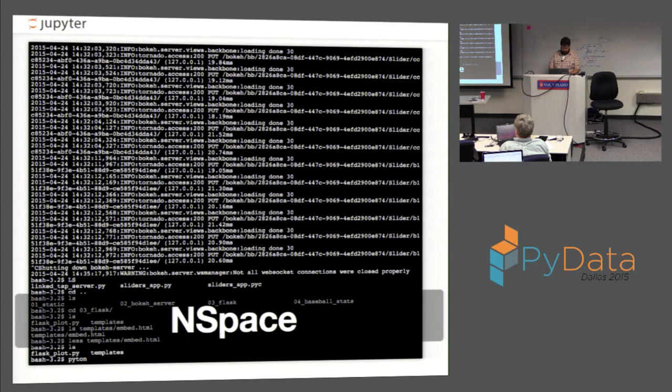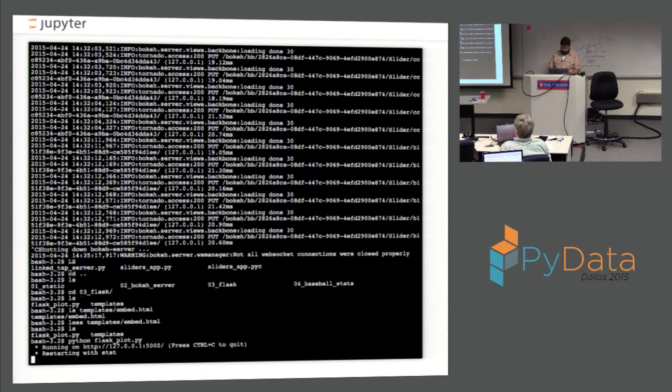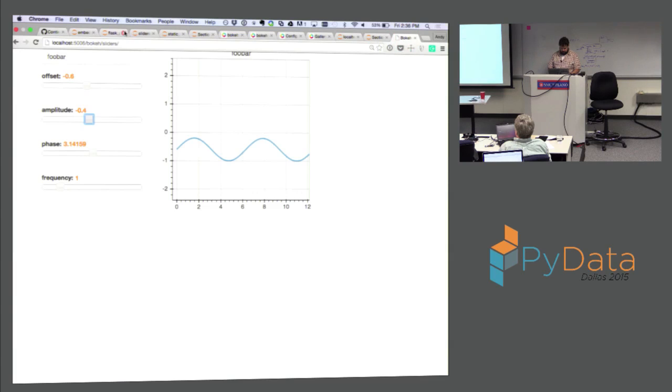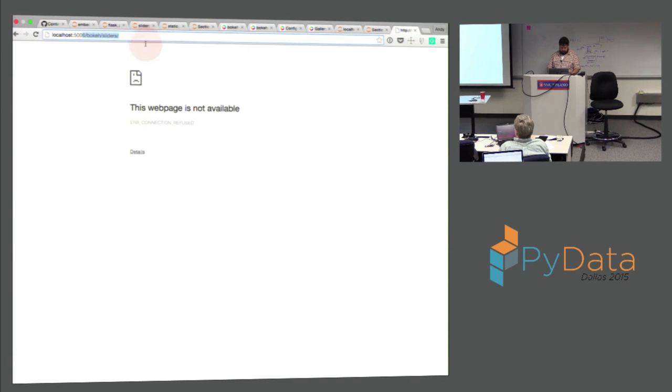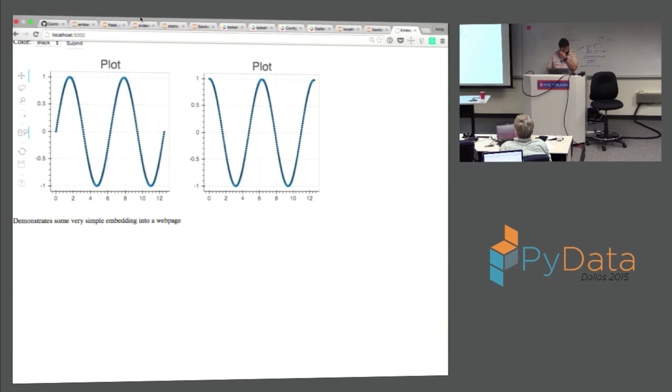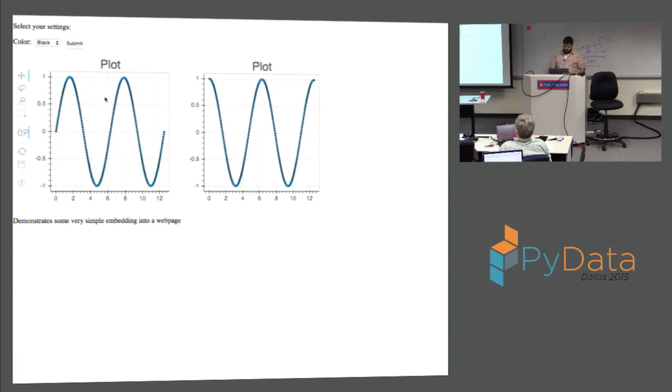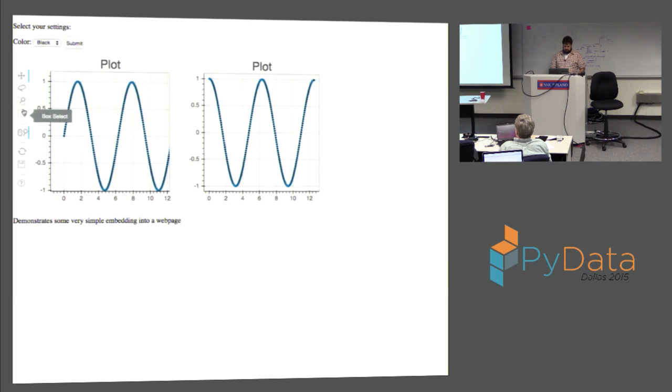So now if I go Python, Flask, plot, oh, that's the wrong one. I forget on this. So I go to 5,000, and so I get that familiar guy here.